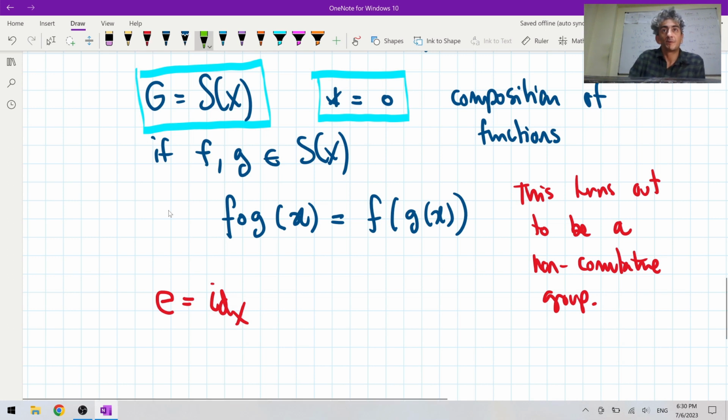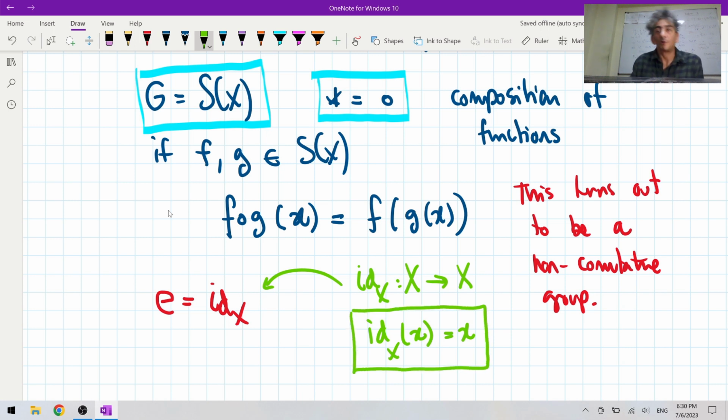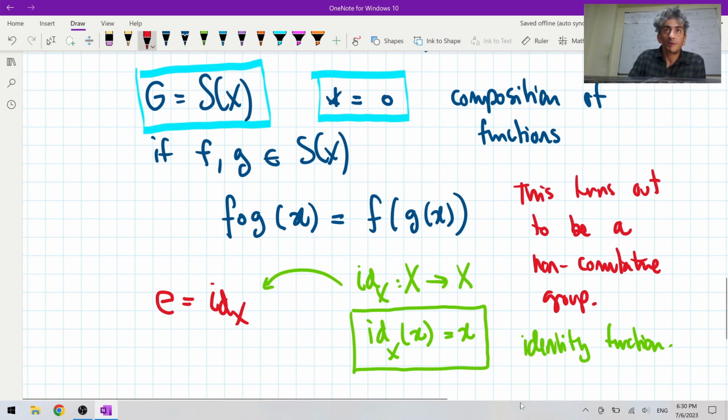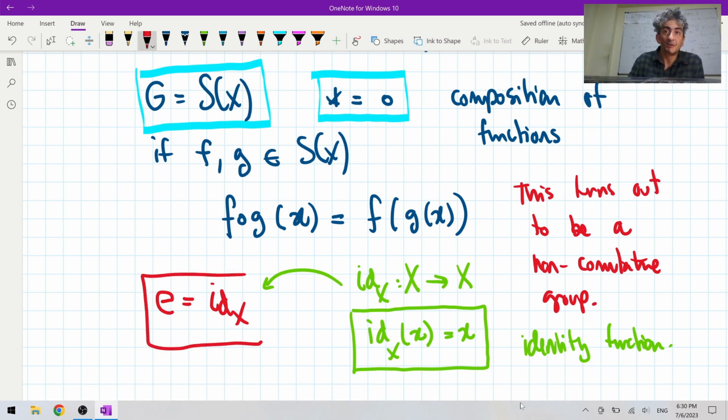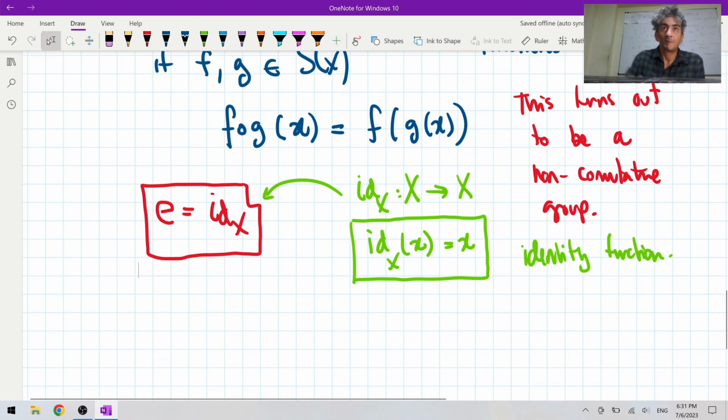This is the function identity of X that simply takes an element of X and leaves it as is. So composition of functions is not commutative, and here the neutral element is simply the identity function. Let's make an example of this example. So example 3b.